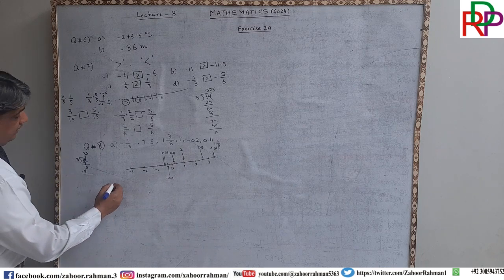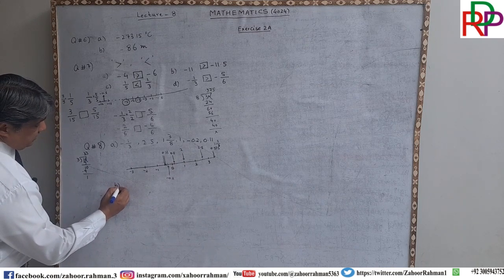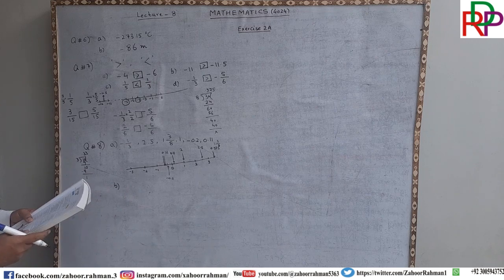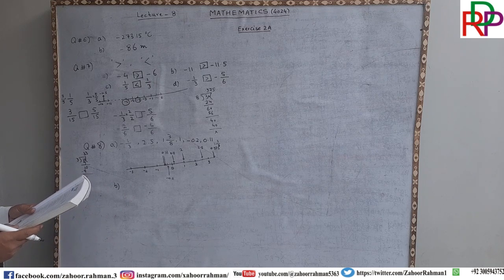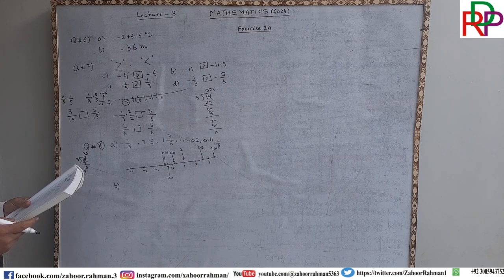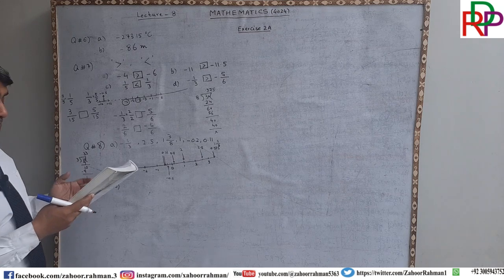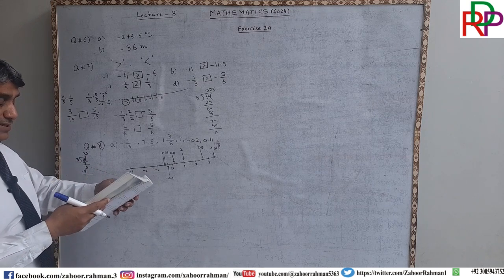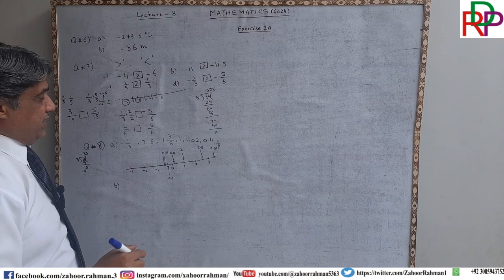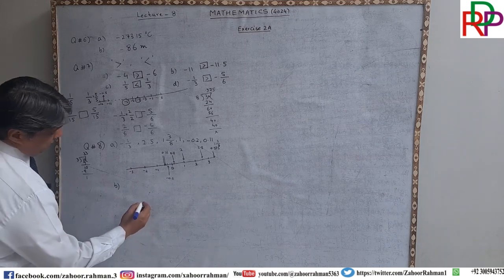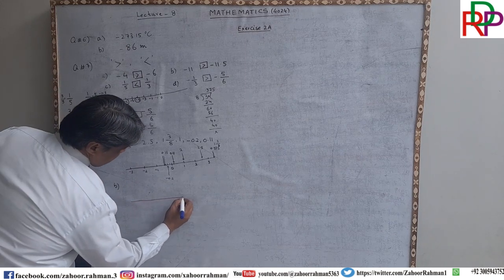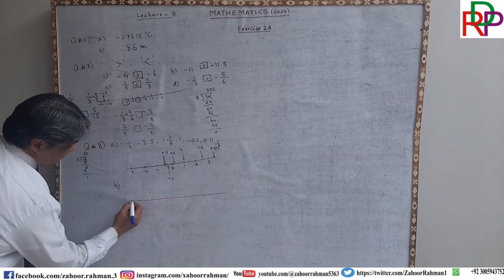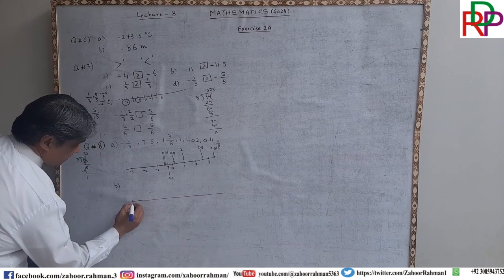Now we are moving towards the second part, and that is the B part. The B part is saying that represent positive odd integers which are less than 20. So in B part we have to start from 0.